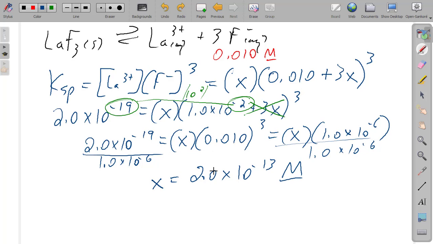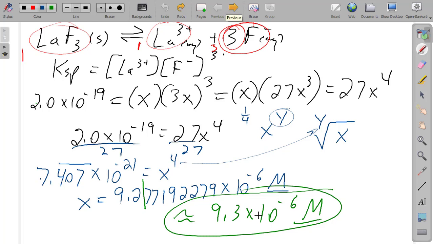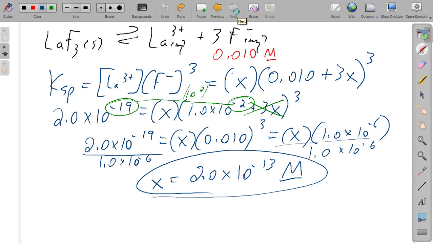And so, notice now that this molarity is 2 times 10 to the minus 13th, whereas before, when we calculated it as a pure substance, it was 10 to the minus 6th. So it's dropped 7 orders of magnitude, and this is different for every salt. Don't think this is the same. For every salt, it's going to be unique.